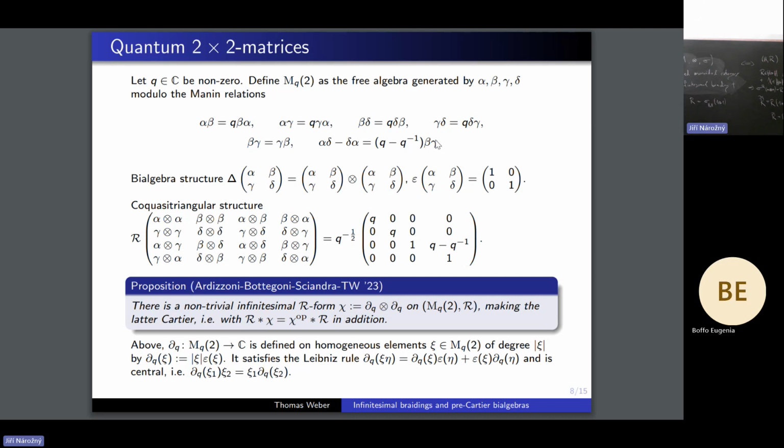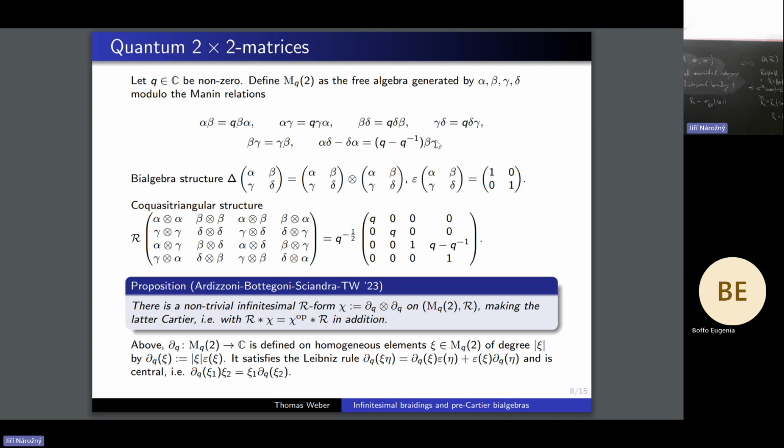Okay. Very well. For this one, you have an R form. This is now a linear map, as we've seen, from H tensor H into K, or into C in this case, which is given on generators like this. So it's mostly 0, but in some cases not. It is known that this gives you a coquasitriangular bialgebra. What we showed is that you can also get an infinitesimal R form here that we call partial_q tensor partial_q.